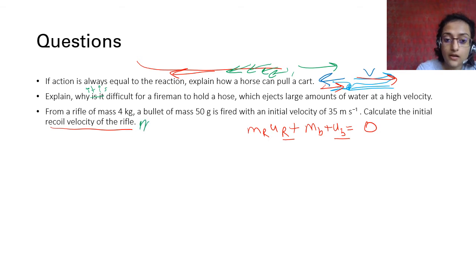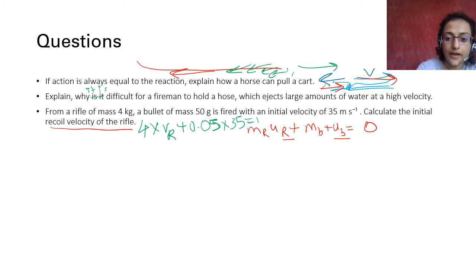Mr, I'm just going to write the values, okay? Mr times the velocity we have to calculate, Vr, plus the bullet of mass 50 gram, 0.05 kg, into 35. This is the final momentum of the system, right?